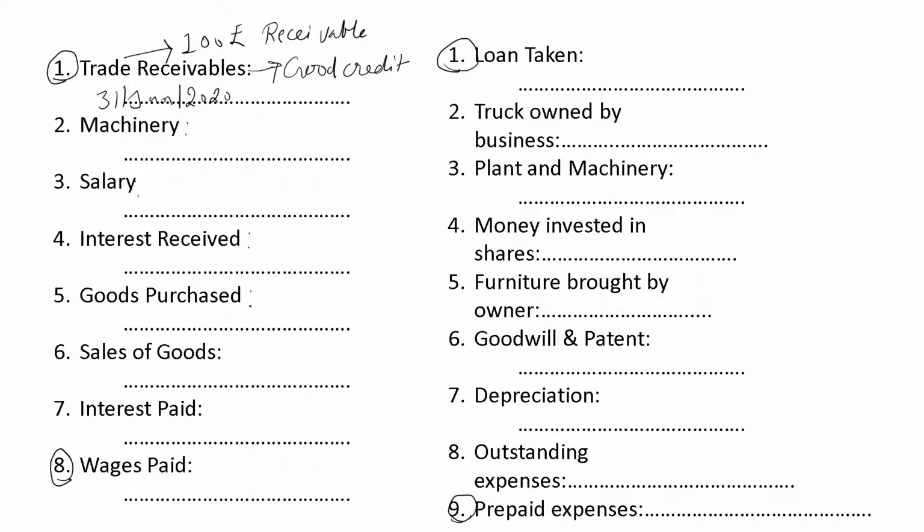The customer will pay back this 100 rupees. So this 100 rupees is receivable to the business. Basically this is a receivable. This is an asset to the business, and it is a current asset because it can be converted into cash within a period of 1 year. So I will write here, it is a current asset. For the rest of the items you give it a try, and for that you have 120 minutes. So your time starts now.